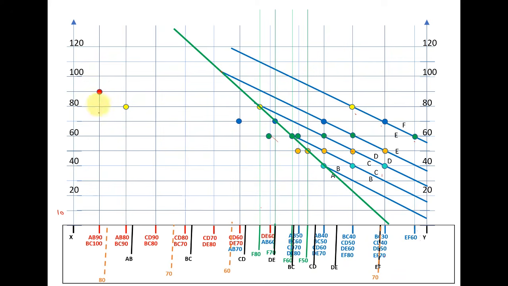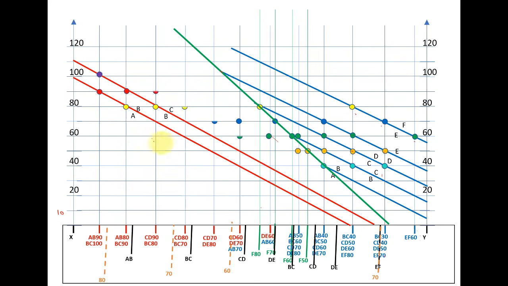Then we come to this AB here. It is AB80 and AB90 and AB80. I draw a strike line. I draw a line through it. That would be your bedding junction AB. We have BC100, BC90, BC80. Then we have CD90, CD80, CD70, CD60.